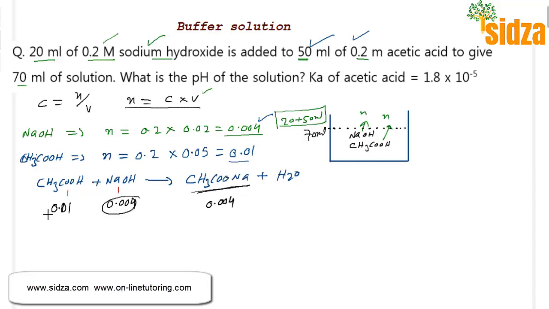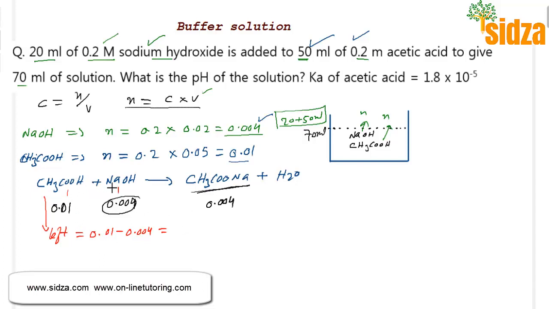So you will also have some excess, unreacted acetic acid there. The number of the moles of the acetic acid that are left will be 0.01 minus the amount that reacts, which is again 0.004. This is the amount of the acetic acid which is left as acid.